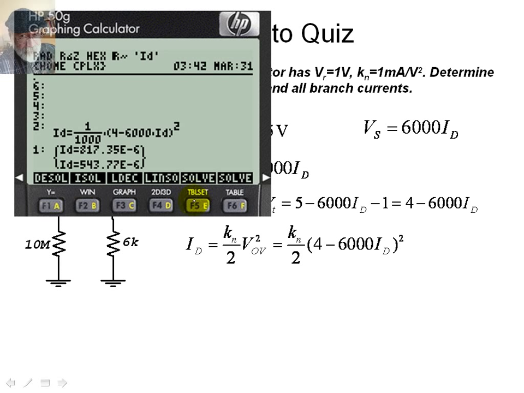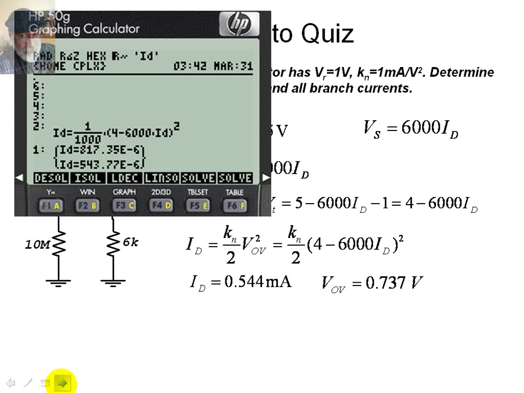We solve that quadratic equation and get 2 possible answers. I invite you to work out how to discard one of them and determine that the actual solution is the second one, approximately half a milliamp: 0.544 milliamps, 544 microamps.